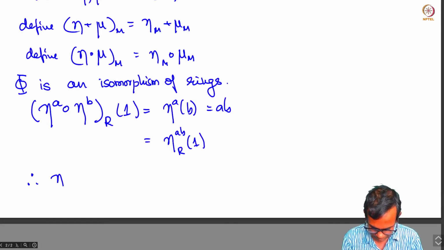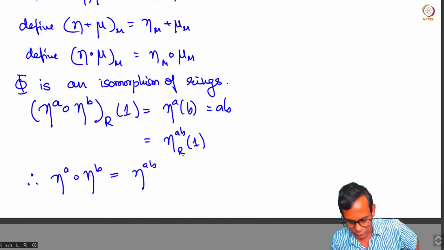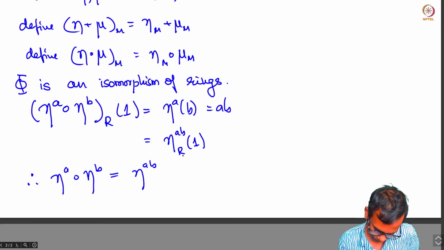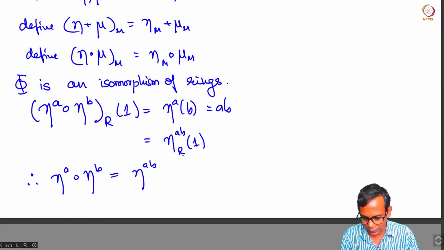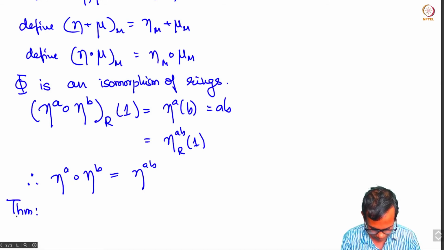Therefore, eta^a circle eta^b is eta^ab, because this value completely determines the composition. So because they agree on R at 1, they must be equal. And so finally what we have is the following theorem.